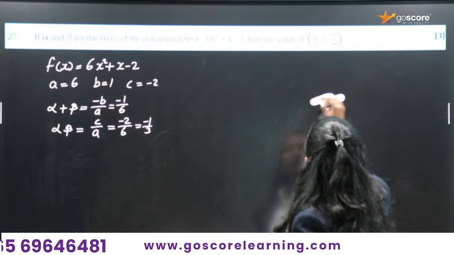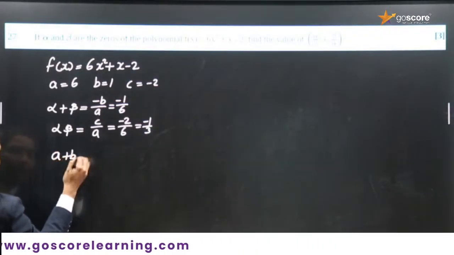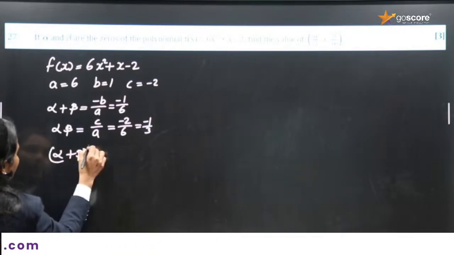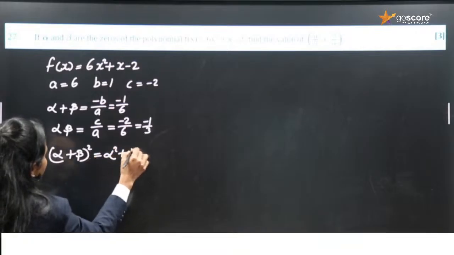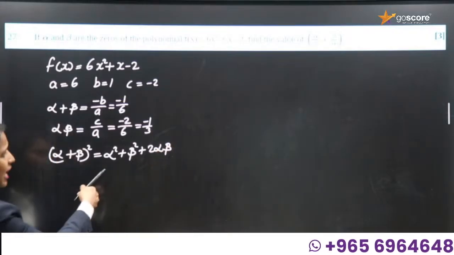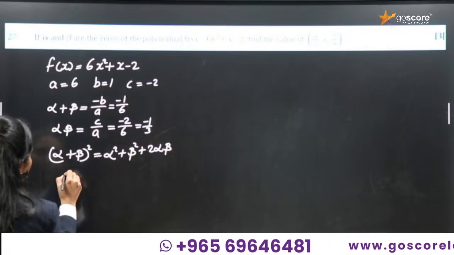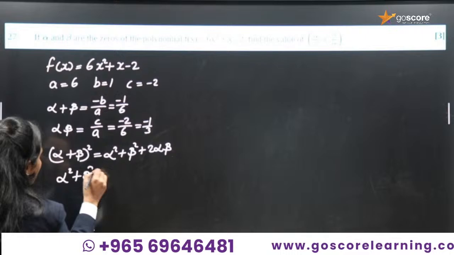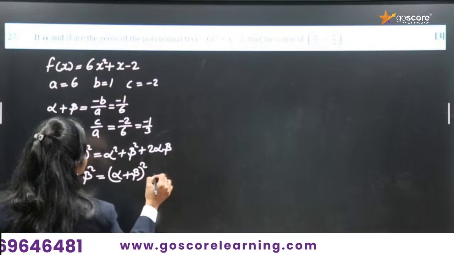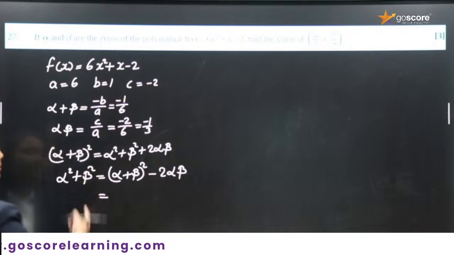Alpha plus beta whole square is equal to alpha square plus beta square plus 2 alpha beta. So we will take that 2 alpha beta and transpose it to the other side. So alpha square plus beta square is equal to alpha plus beta the whole square minus 2 times alpha beta. We have alpha plus beta here, right?